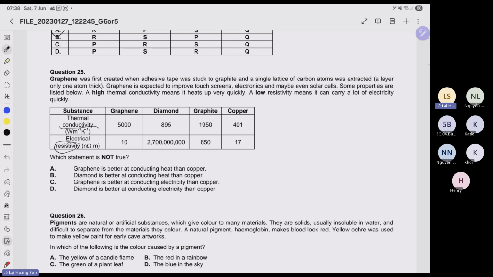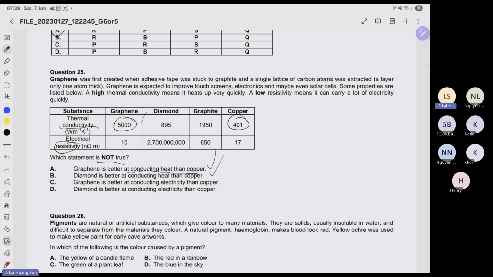Graphene is better at conducting heat than copper. Yes, because it has higher thermal conductivity. Keep in mind that we need to choose something that is not correct. Diamond is better at conducting heat than copper. Yep, that's correct. It has a higher value of thermal conductivity.